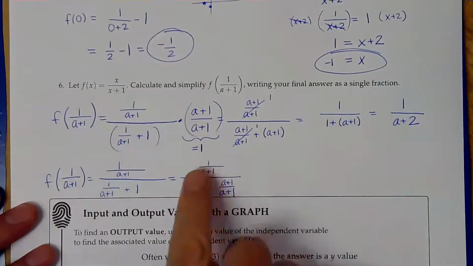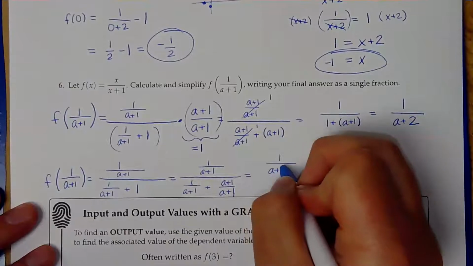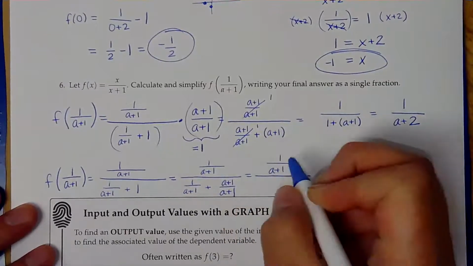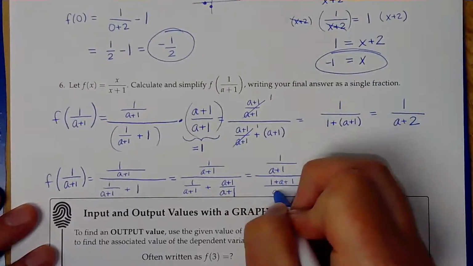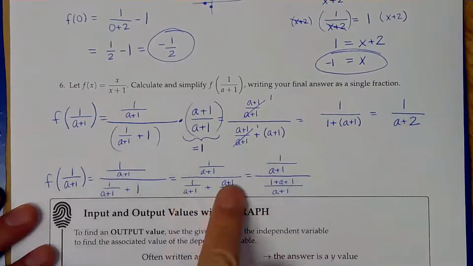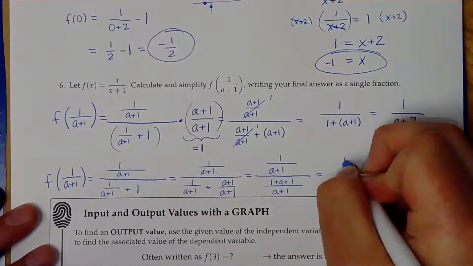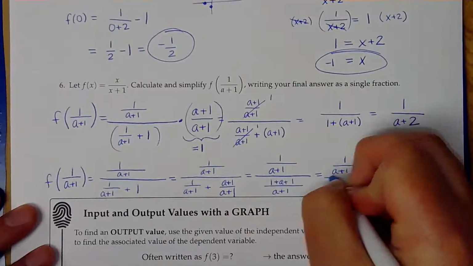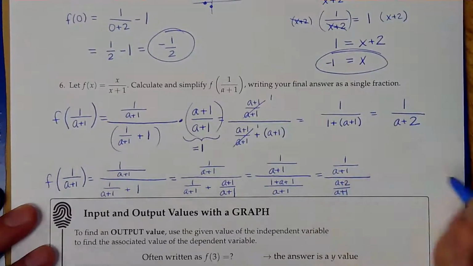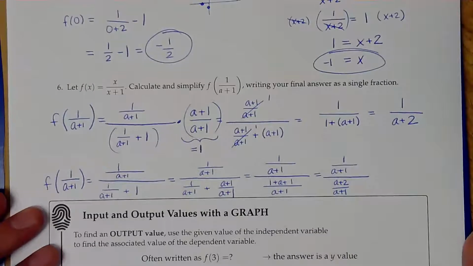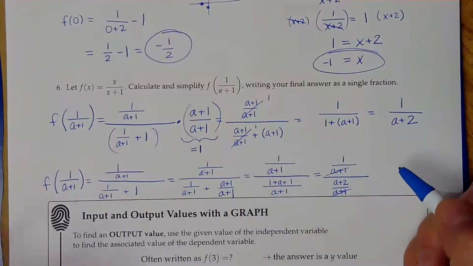So now everything has the same denominator. We have 1 over a plus 1 over 1 plus a plus 1 over a plus 1. So I combine those two numerators there. Get 1 over a plus 1 over a plus 2 over a plus 1. Okay. And then I have this same number here and here. So you can actually cancel those out.